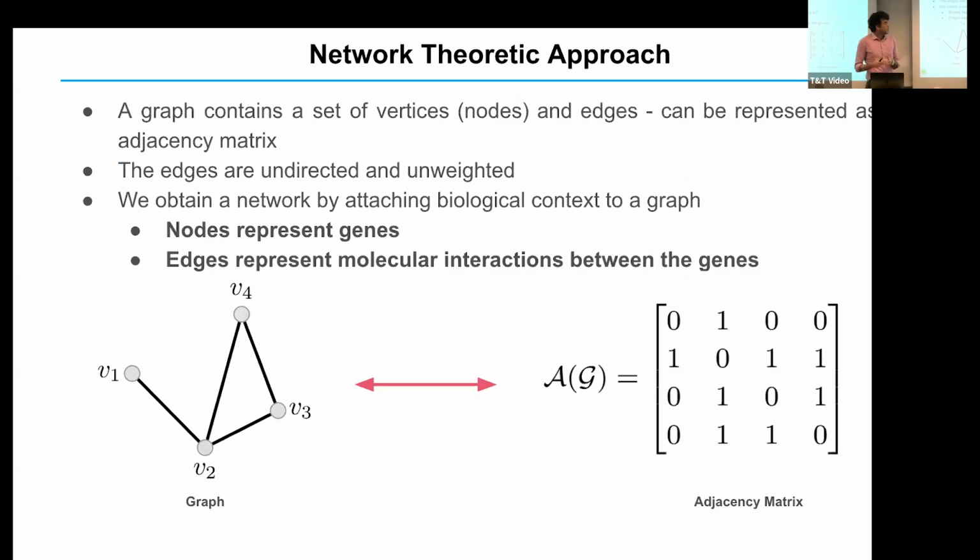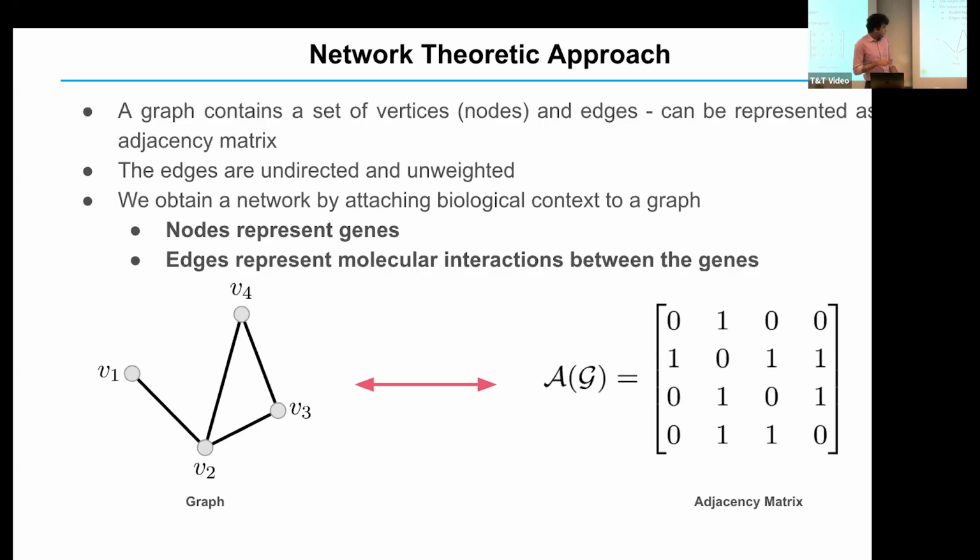Moving along, I'll give a basic introduction to network theory, because this is the core of what we're going to build on. A graph is essentially a set of nodes and a set of edges describing how the nodes are connected with each other. Here we can see there are 4 vertices and 4 edges that connect the different nodes.